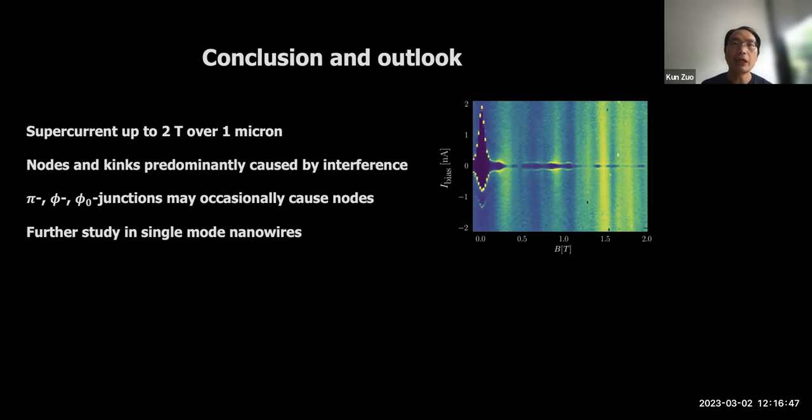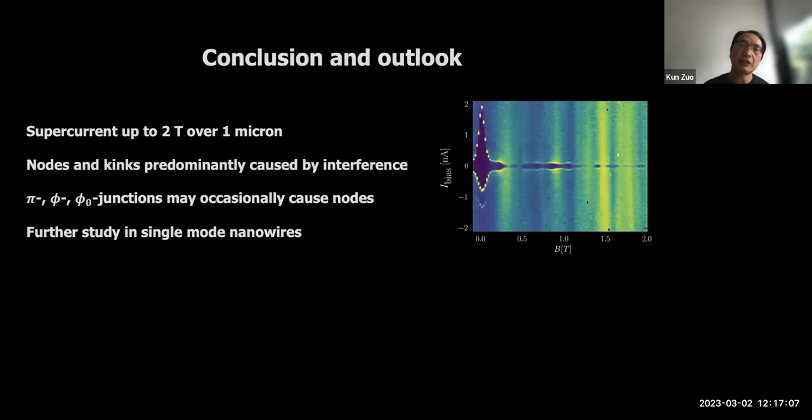In the future, the research direction will be to focus on single mode nanowire devices. Previously we were not able to achieve a single mode Josephson junction with relatively large supercurrent.